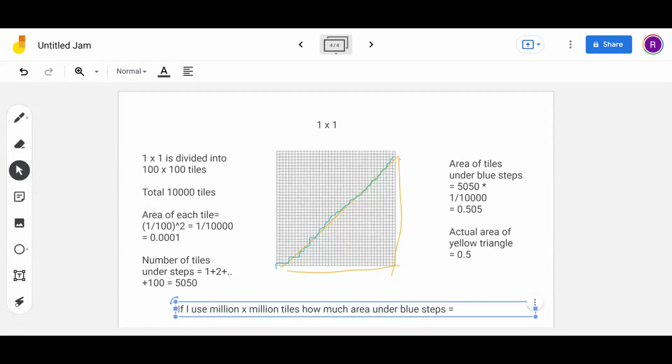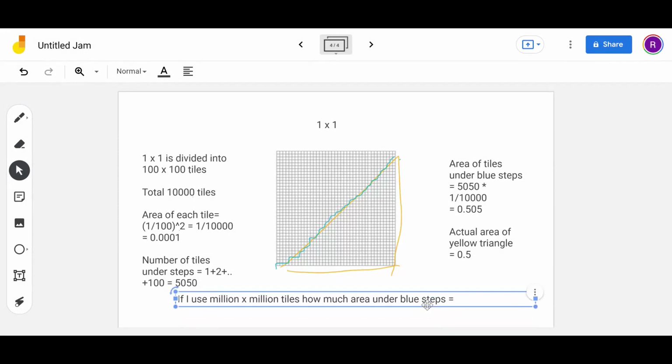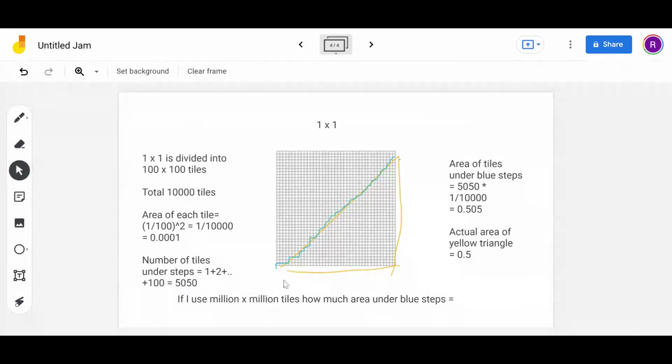If you don't know the exact answer, you can tell me how you will calculate it, and I can slowly perform the calculation. You can either tell me the answer or the steps for how to go about doing it. Remember it's 1 by 1, but instead of dividing into 100 rows and 100 columns, I'm using a million and a million.